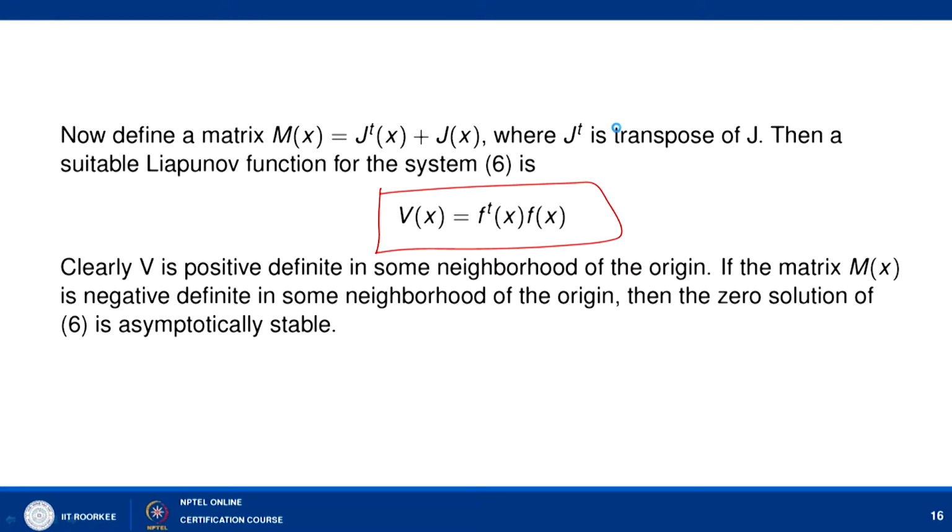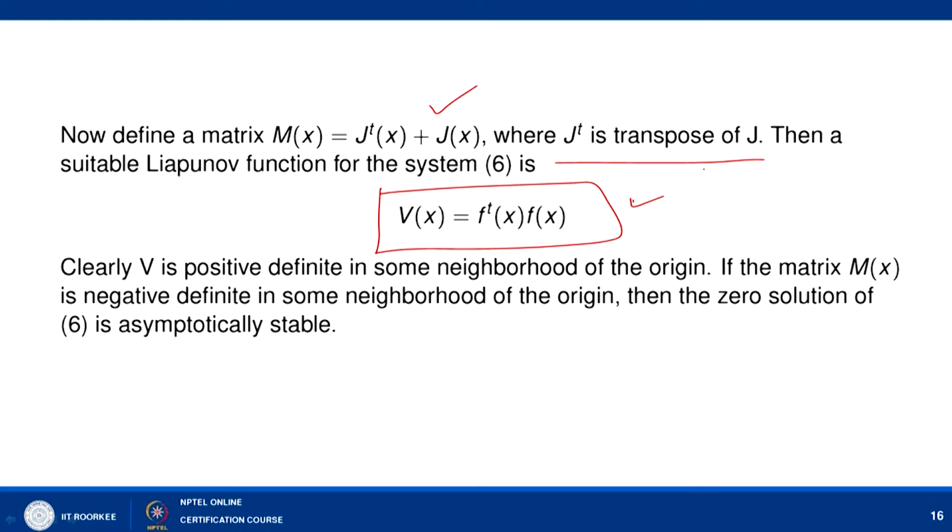For that, we define a matrix M of x, which is given as J transpose x plus J of x, where J transpose is the transpose of J and J is the Jacobian of f with respect to x. And we claim that the suitable Lyapunov function for the system 6 is V of x equal to f transpose x f of x. So, first thing we need to observe is that it is positive definite.